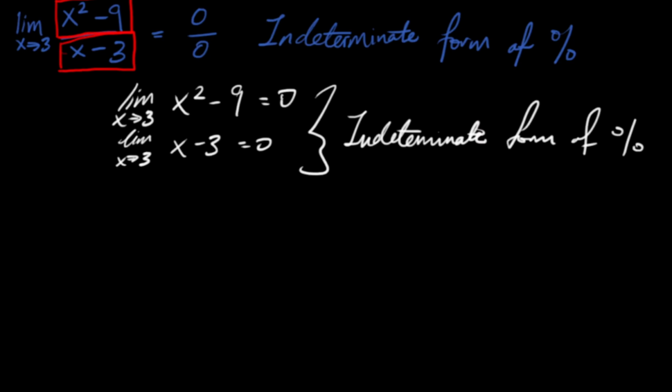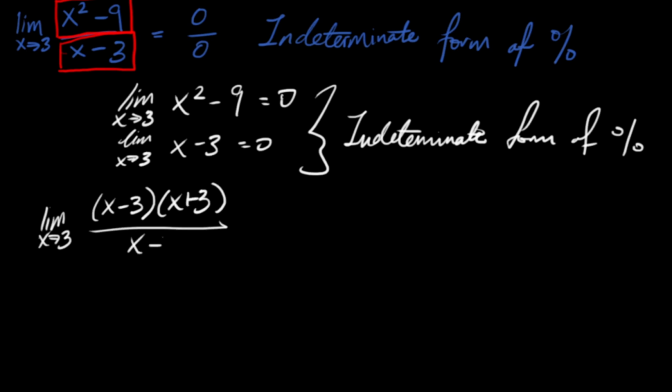And we always have to write the limit as x approaches 3 first before we do anything else, unless you are already substituting. But we can write x squared minus 9, it's a difference of squares, so now we can just write it as parentheses x minus 3 times x plus 3. Looks a bit familiar, right? And of course it's going to be over x minus 3.